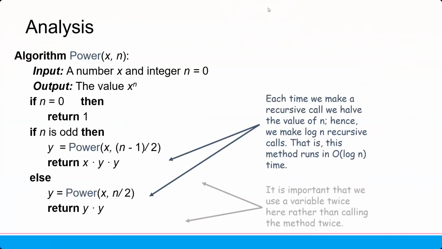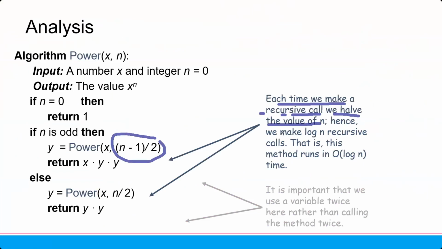Now how can we understand this analysis? Each time we make the recursive call, we make the value of n half.